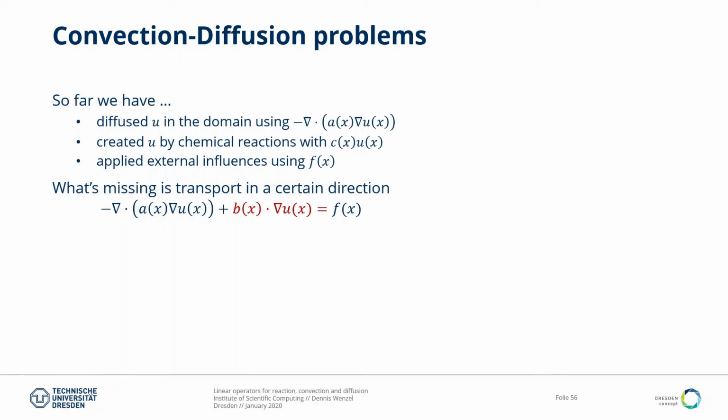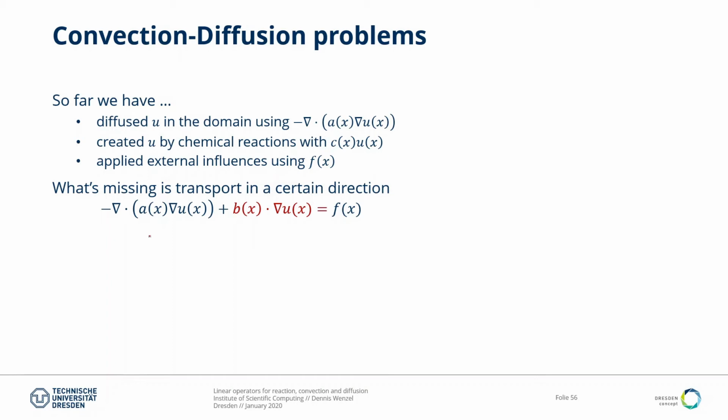And if you think about, for example, a chemical reaction in some reactor, then you would probably have some type of swirling or something else to mix the whole thing up. So you would always have some transport influencing the whole stuff. And that's what can be included using this first order term.